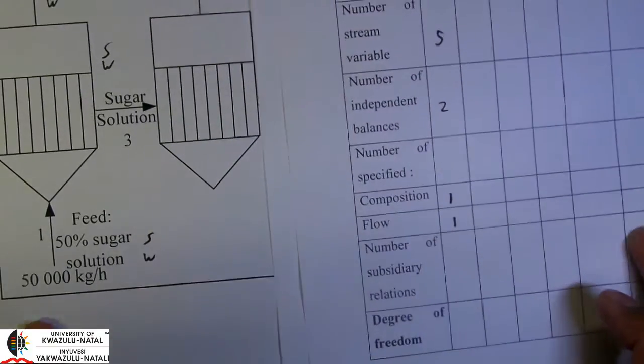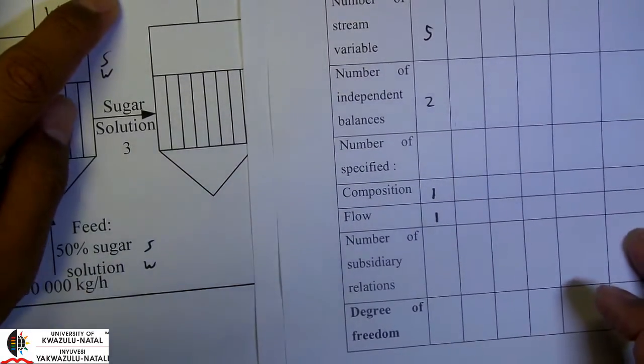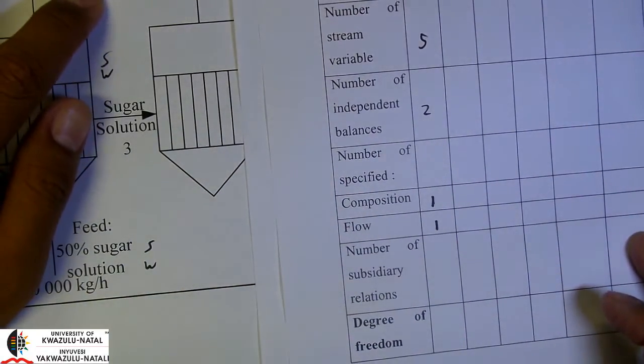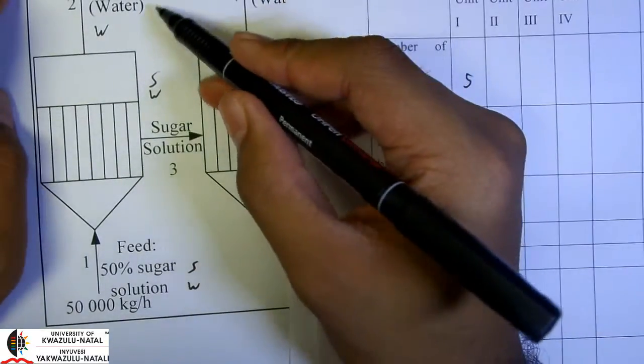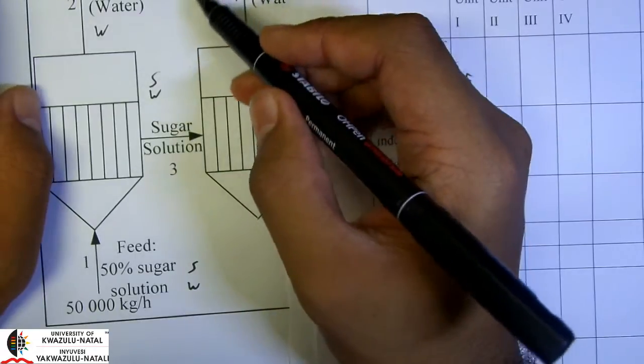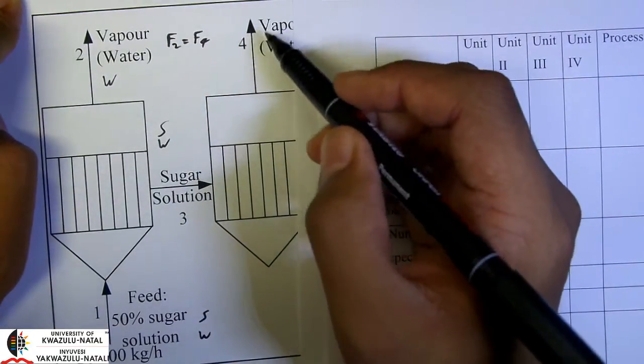Now, regarding our subsidiary relation, we note that they are giving us a relation between F2 and F4.